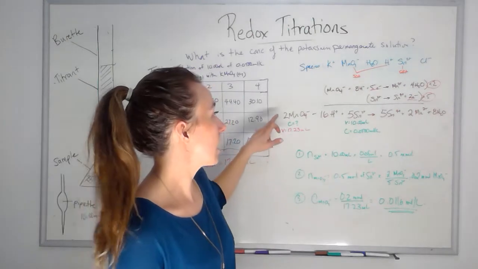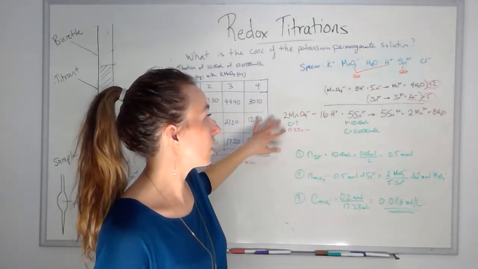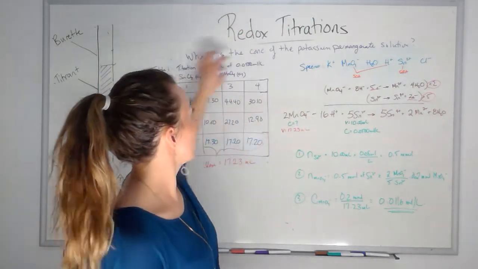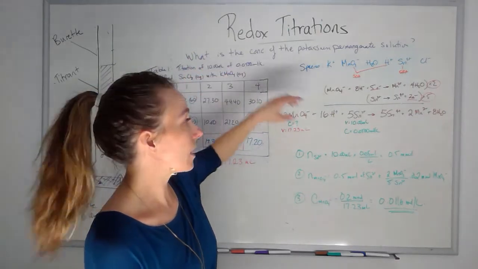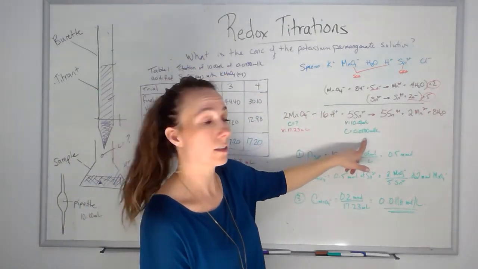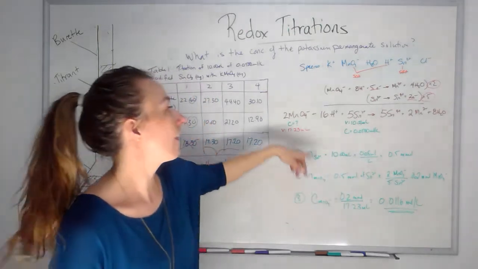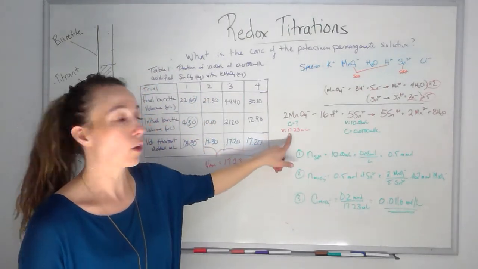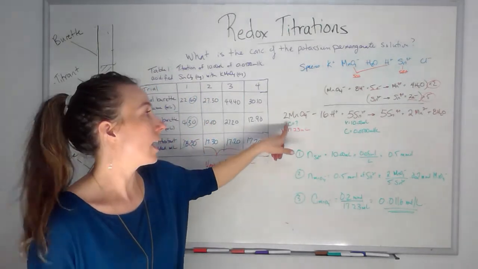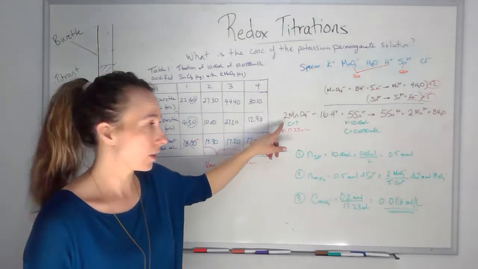Once I have my net, I can write the information underneath from the question. The question in the box above the data table tells me my volume of tin 2+ and the concentration of tin 2+. I also calculated the volume of the permanganate, and I'd like to know the concentration.